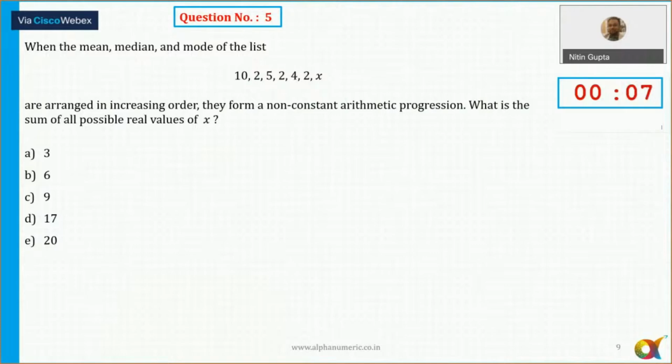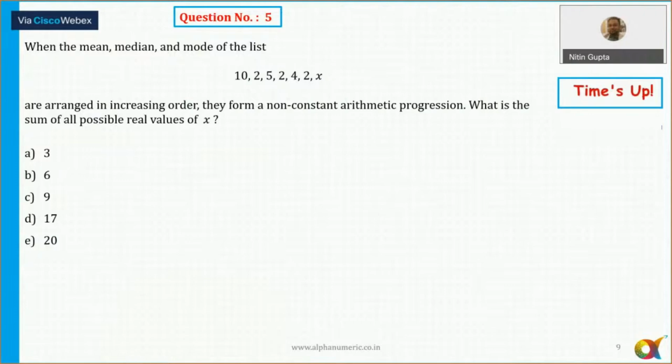Okay, Nikita is saying option A. We'll check that. Anyone else who can come up with the answers? All right, time up. So let's see here.